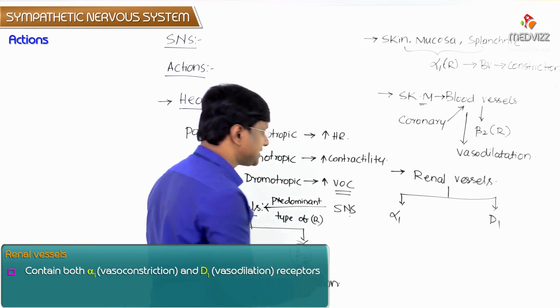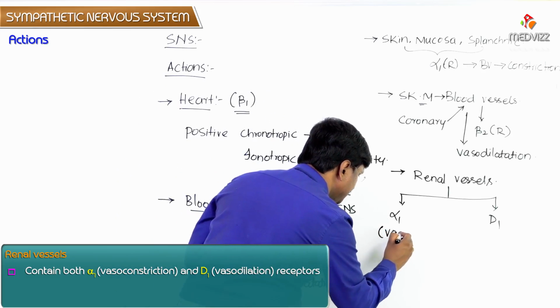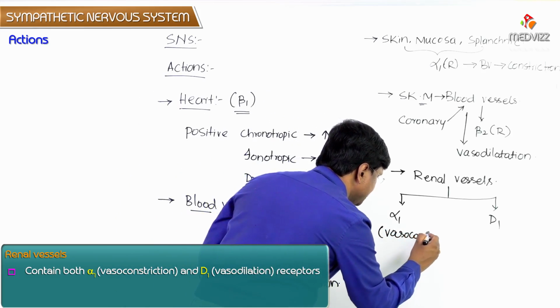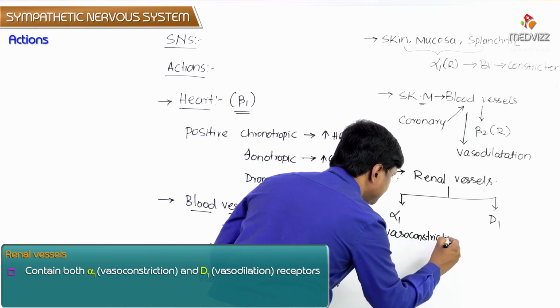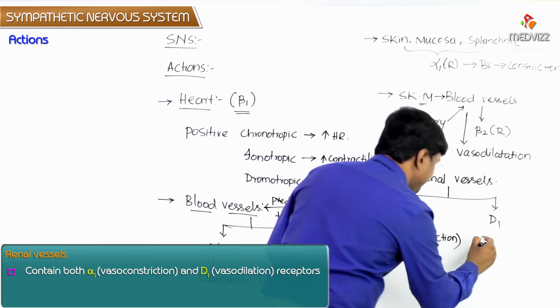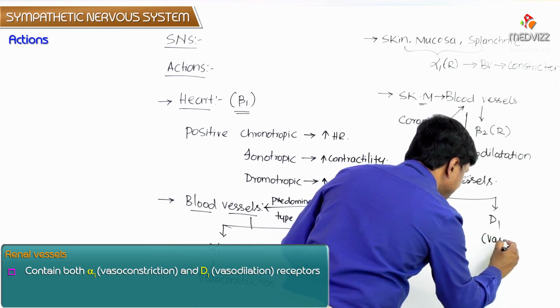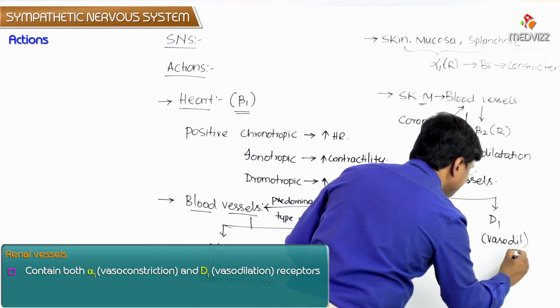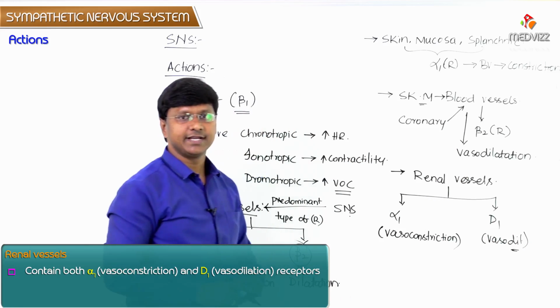If alpha 1 receptors are stimulated, there will be vasoconstriction. If D1 receptors are stimulated, there will be vasodilatation.